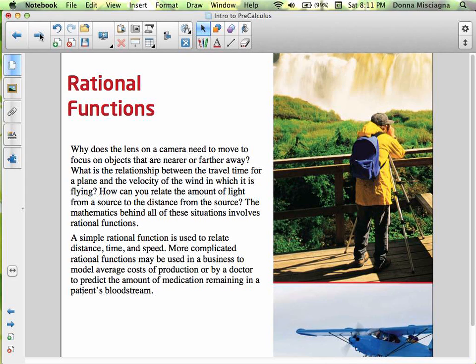A simple rational function is used to relate distance, time, and speed. More complicated rational functions may be used in a business to model average costs of production or by a doctor to predict the amount of medication remaining in a patient's bloodstream. We worked with rational functions in Algebra 2. We'll extend that knowledge in pre-calculus.